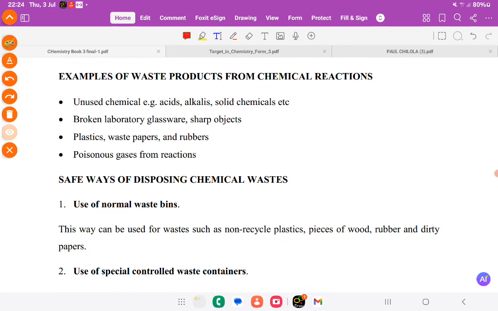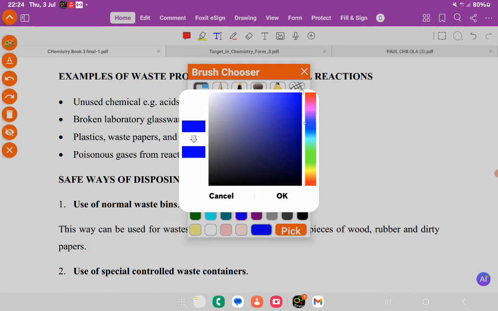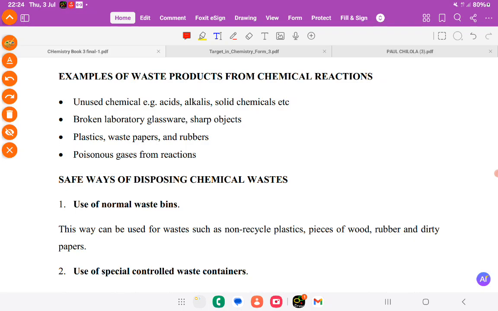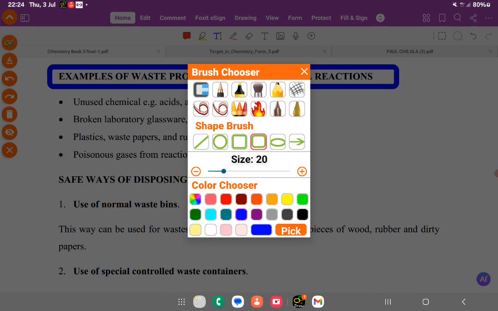So, what are the examples of chemical waste? Examples of chemical waste include, but are not limited to, the following.